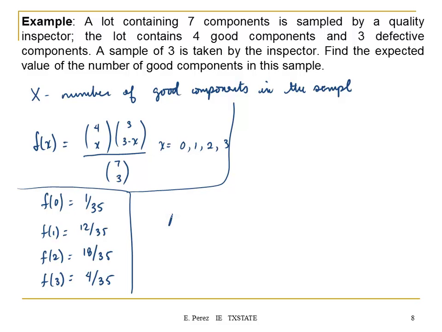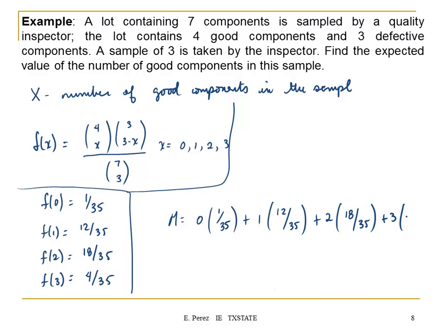So mu is going to be equal to 0, which is the first outcome, times the probability of 0, plus 1 times the probability of 1, plus 2 times the probability of 2, plus 3 times the probability of 3.